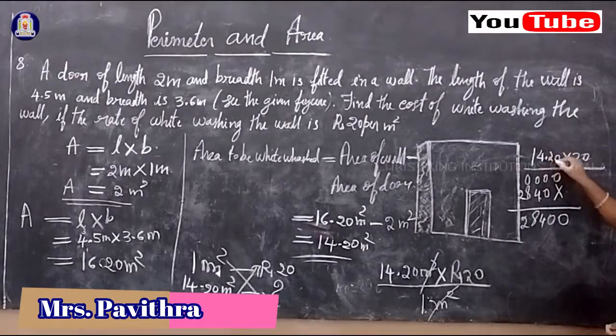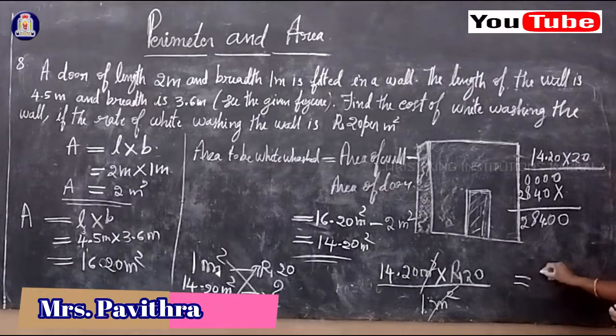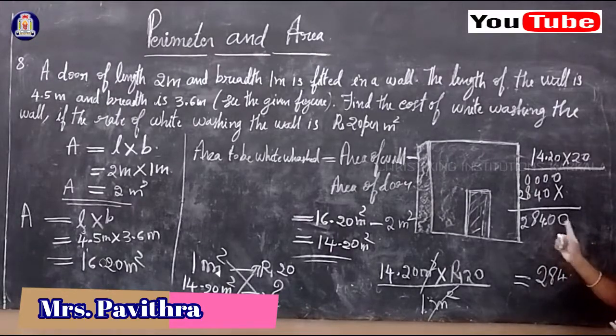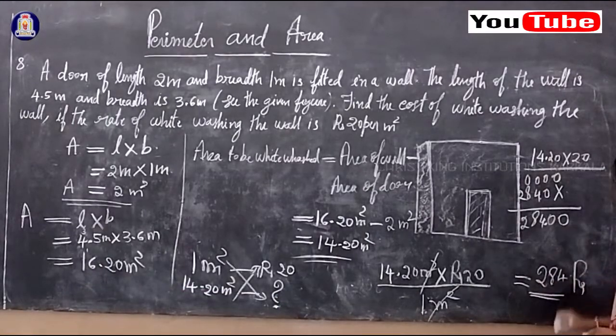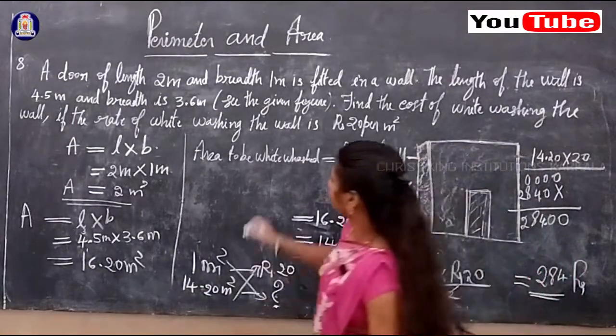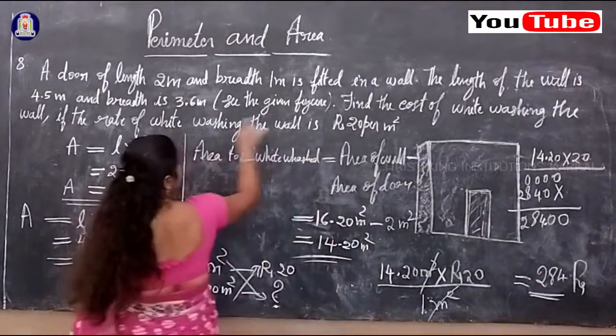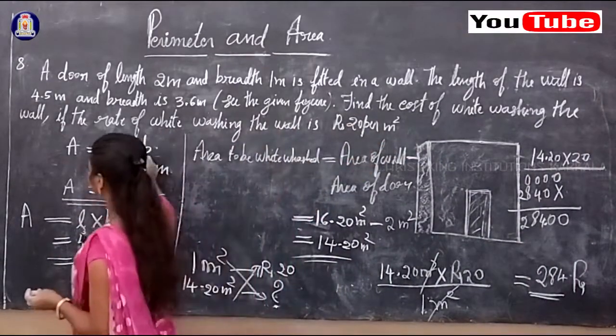After the decimal point there are 2 digits, so you have to leave 2 digits and put a decimal point. So I got the answer 284.00. You can neglect the zeros after the decimal point. So the answer is rupees 284.